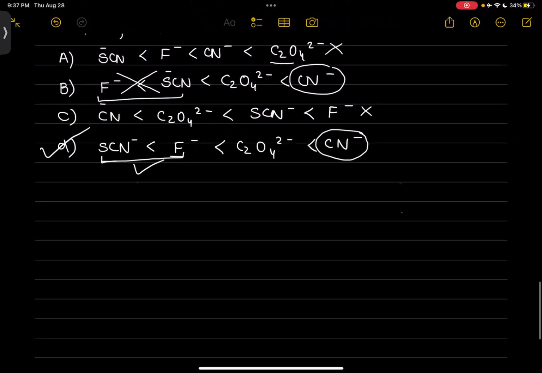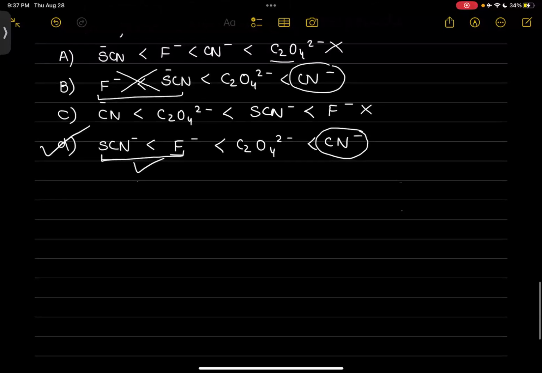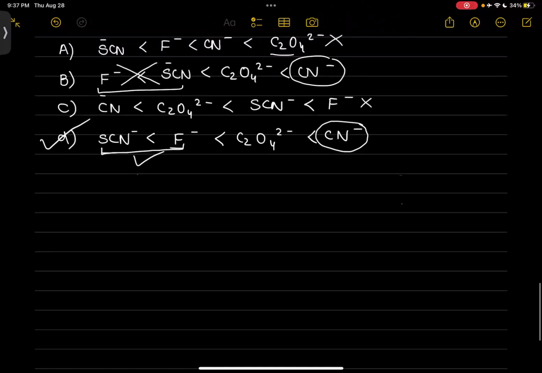So let me start with the questions. These are all NEET questions, some previous year questions. Which of the following complexes is going to show maximum ionic conductivity?